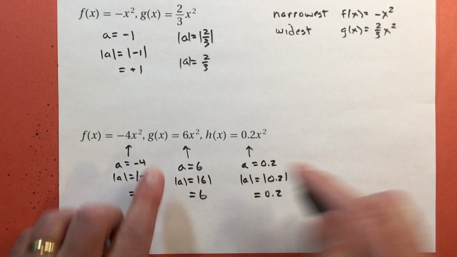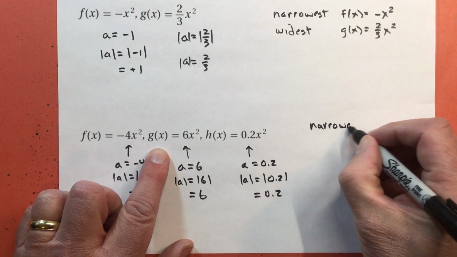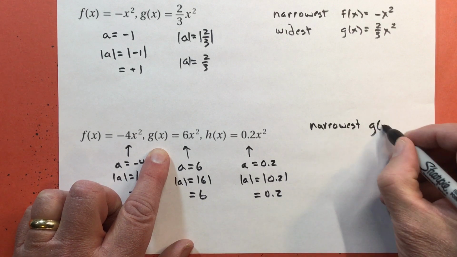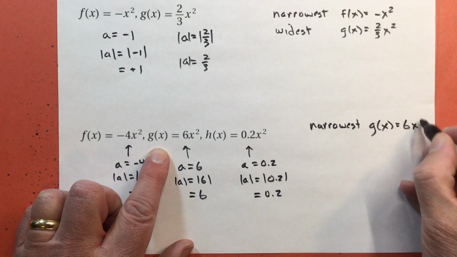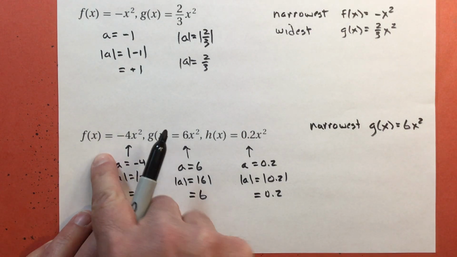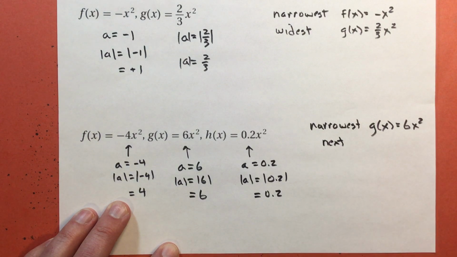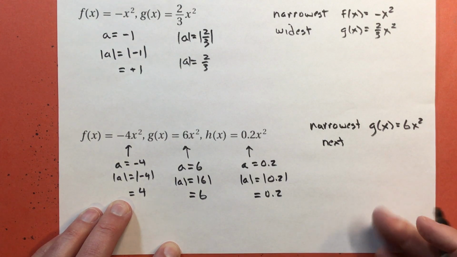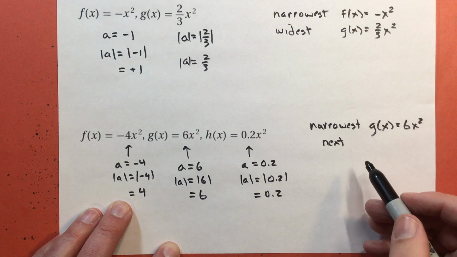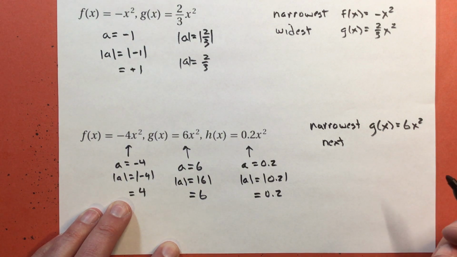That one. So the narrowest graph is going to be g of x, which equals 6x squared. The next biggest number is this one, so that means the next narrowest, or since there's only 3 of them, it's the one between the other two, the one that's not the extreme, it's not too narrow, it's not too wide, it's just right, Goldilocks.